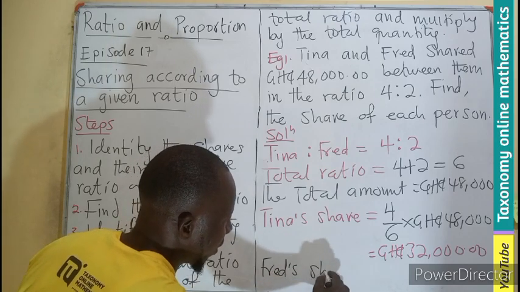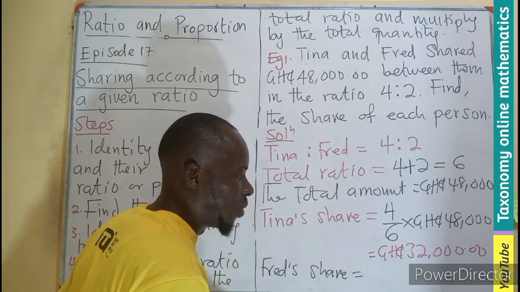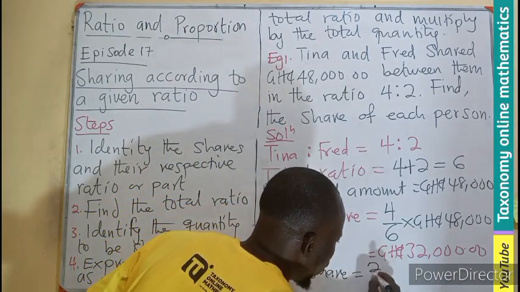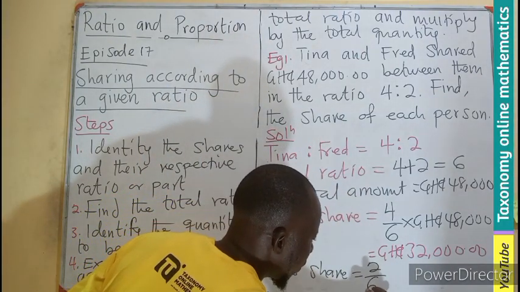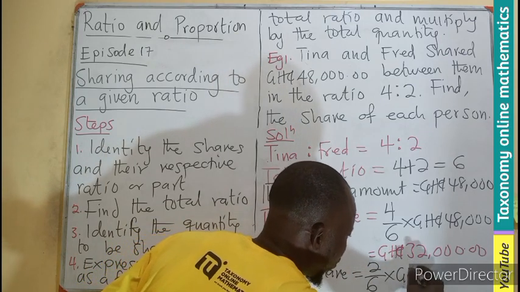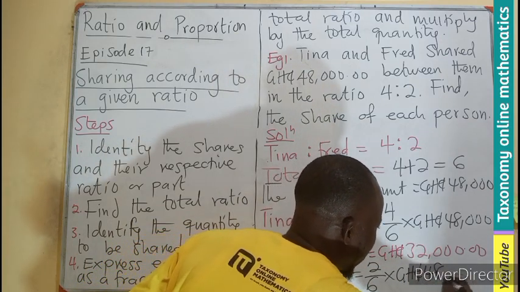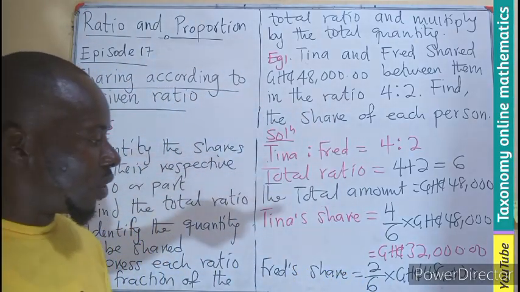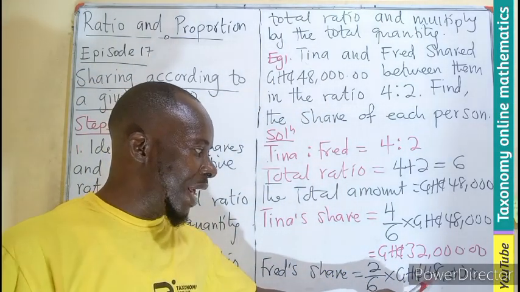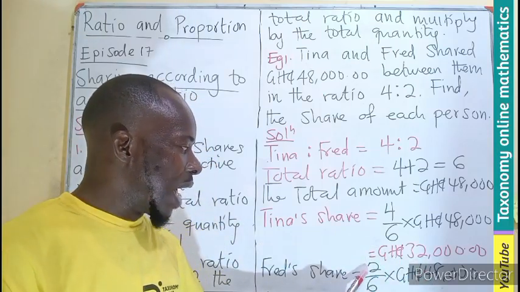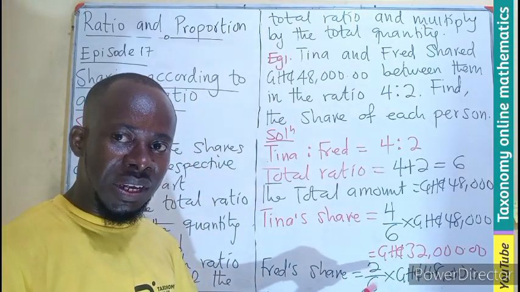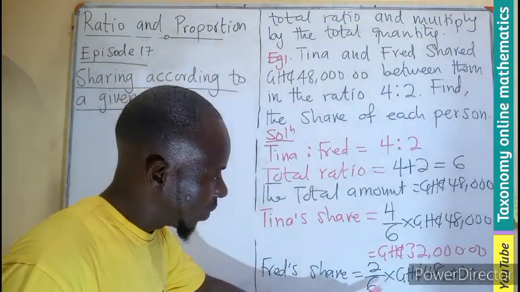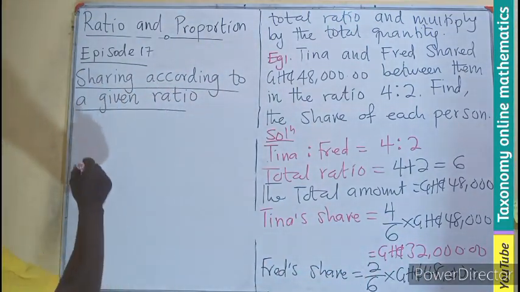Then let's go for Fred. So Fred's share is also going to be, the ratio corresponding to Fred is 2, over total ratio 6, times what they are to share, 48,000. In this calculation, 6 goes into 48 eight times. 8 times 2 will be 16.